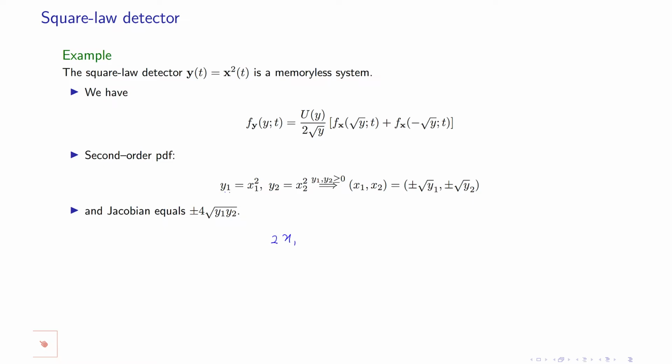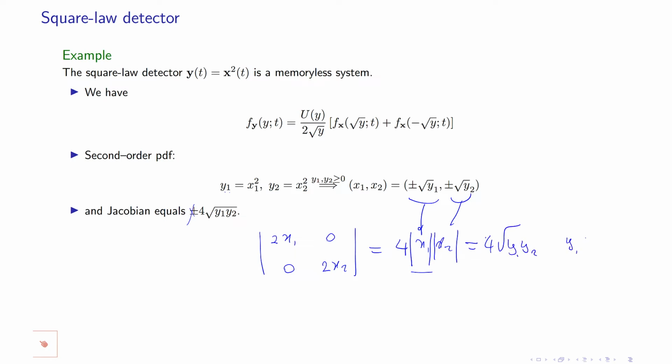The derivative of y1 with respect to the other one is 0, and then you will have 0 and then 2x2, and the determinant of this is going to be 4 times x1 x2, and x1 and x2 are plus minus the square root of y1 or y2, and in any case these will become 4 times the square root of y1 y2 when y1 and y2 are both positive.